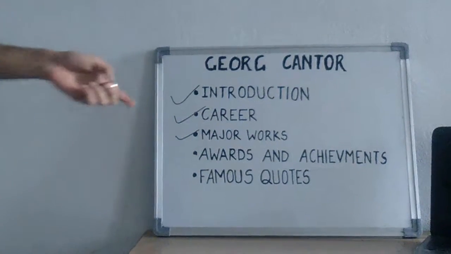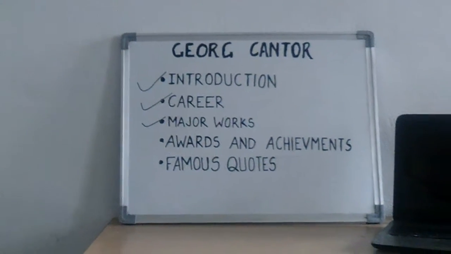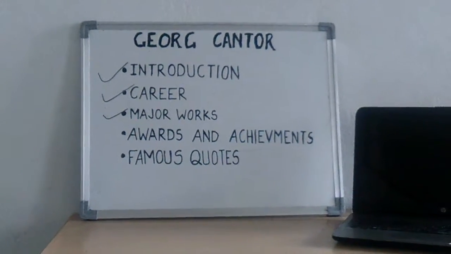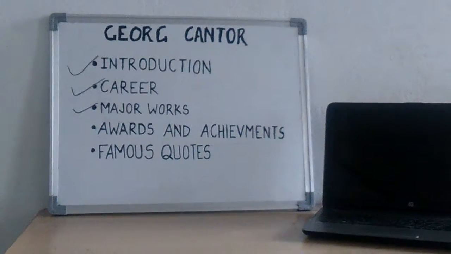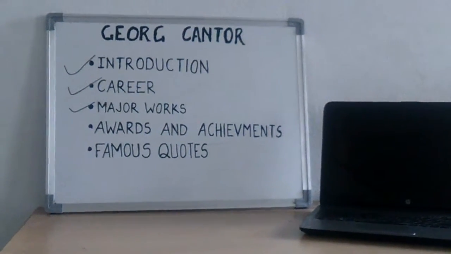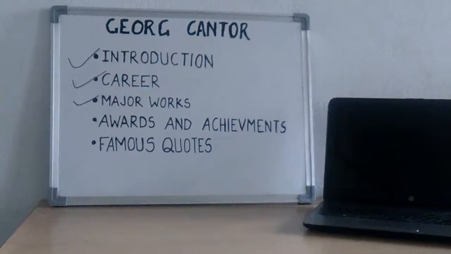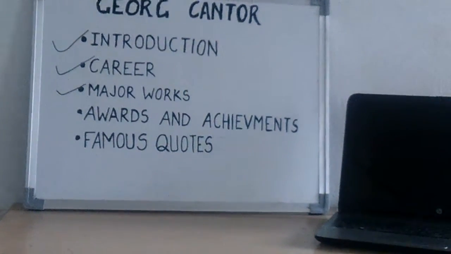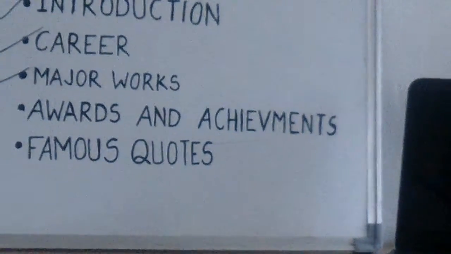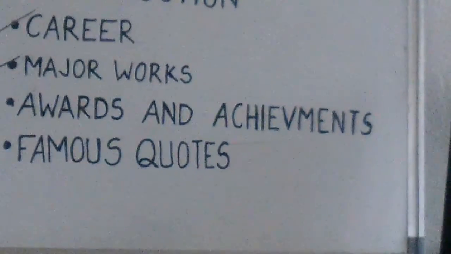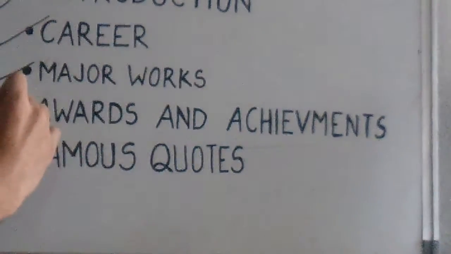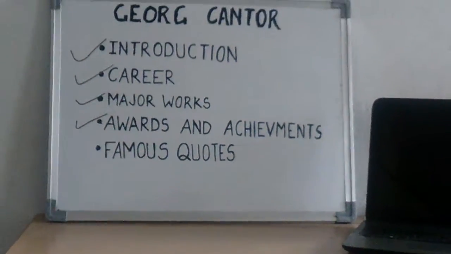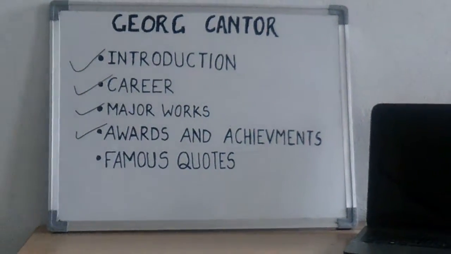And now coming to the awards and achievements that he got. The Royal Society awarded Cantor its Sylvester Medal, the highest honor it can confer for works in mathematics, in 1904. So these were his awards and achievements. Now he gave some very famous quotes.